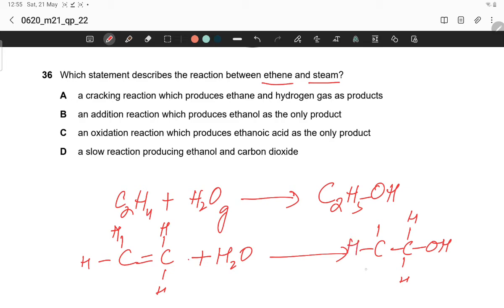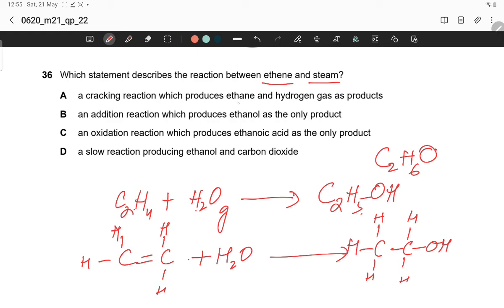This is an addition reaction because nothing is removed. C2H4, 2 hydrogen added, C2H6O. This is the molecular formula.